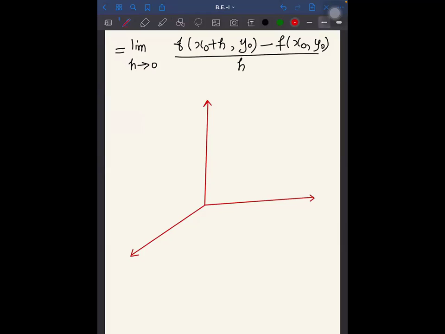So let me call this as x-axis, this as y-axis, okay, and this as z-axis. So let your y naught is somewhere here, okay. तो अभी जहां पे y naught है वहां पे we'll draw a line, sort of new z-axis, right?